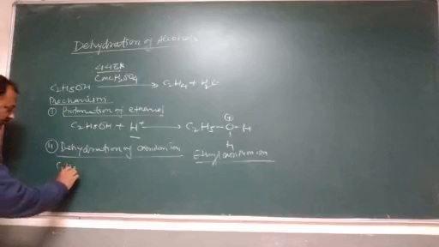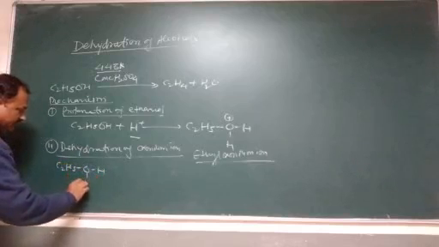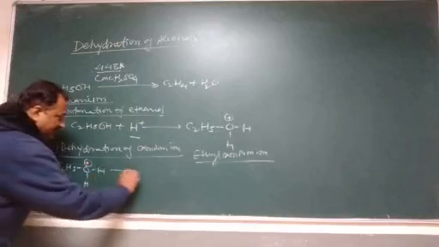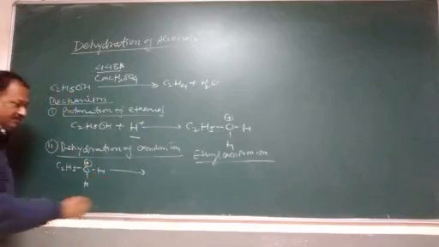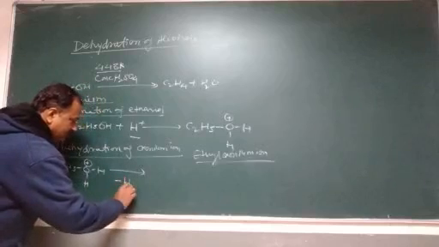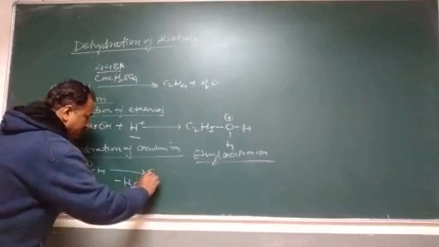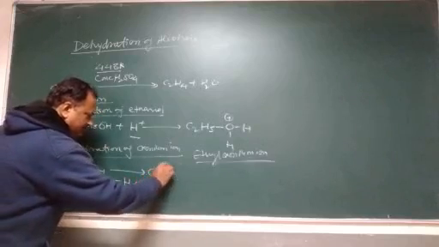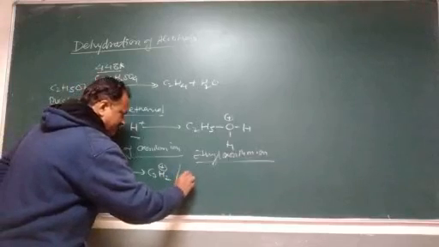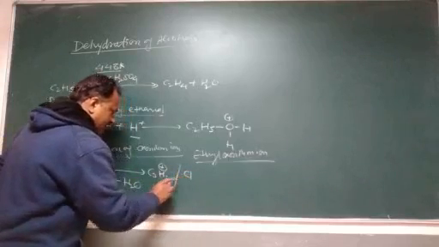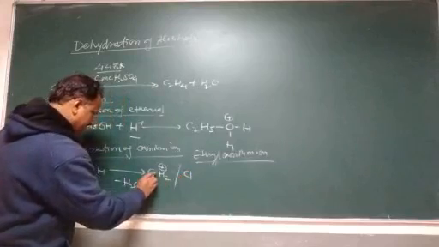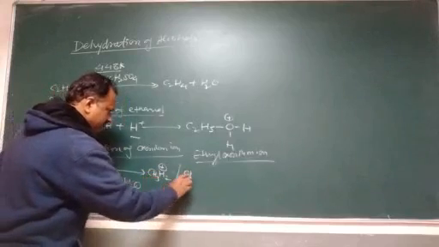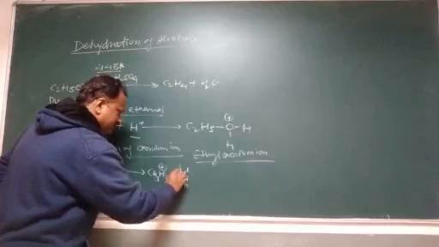So C2H5OH2 plus is very reactive, very unstable. It will undergo dehydration and there is formation of C2H5 plus, or you may write CH3CH2 plus.